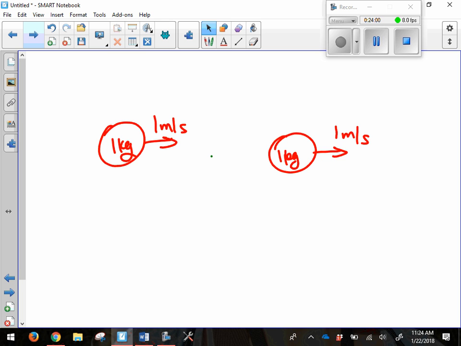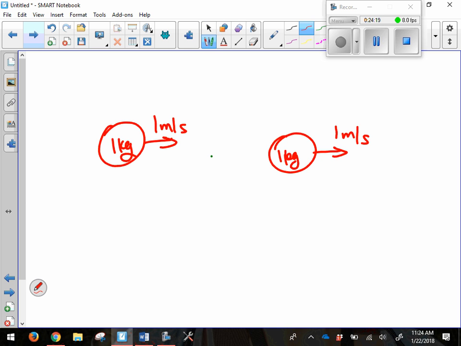All right, so again, it's going to be in the middle, but if both of those objects are moving at the same constant velocity, what velocity is the center of mass going to have? Yeah, it's going to have that 1 meter per second. The whole system and the center of mass is going to do that.